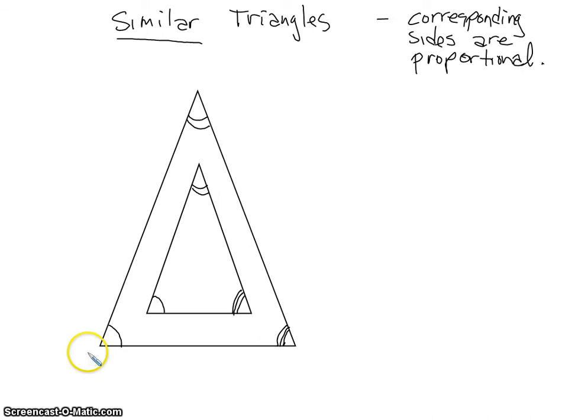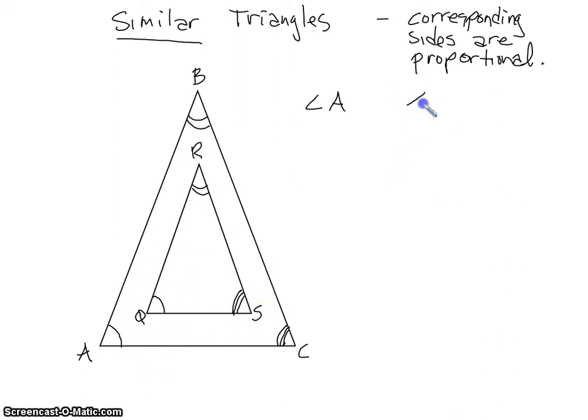So let's name these triangles. Let's name this triangle A, B, C, and let's name this one Q, R, S. So what angle would you say corresponds to angle A? If I'm looking at angle A in the big triangle, what angle in the smaller triangle corresponds to it?